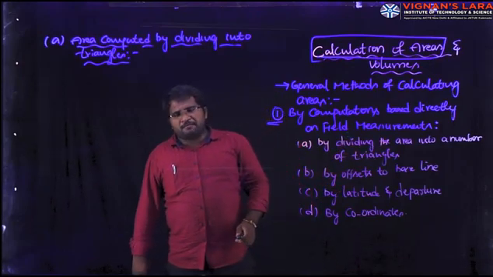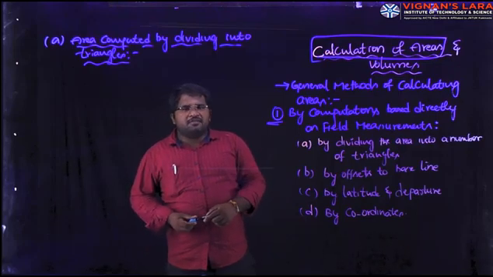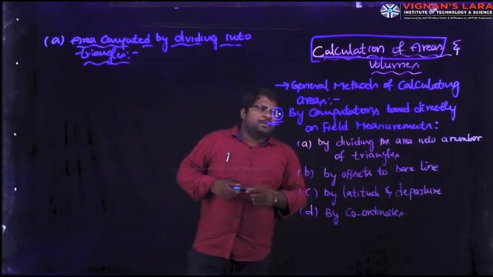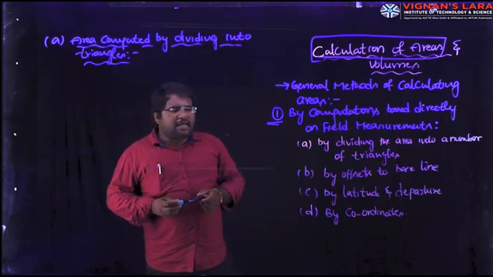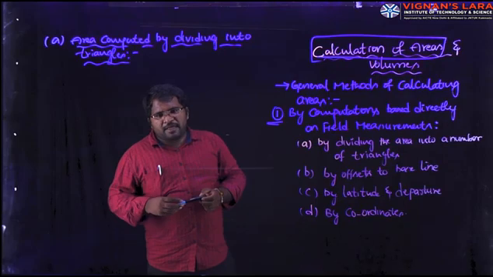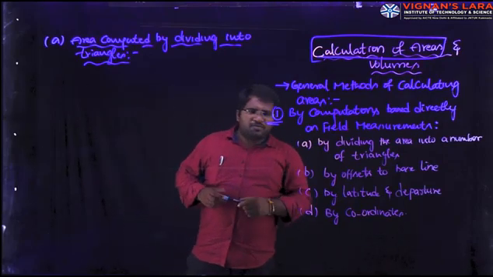If you go to the real field with the help of a chain and tape, you are going to take the measurements. Once you have those measurements, you can calculate the area of that particular field by using four important methods.